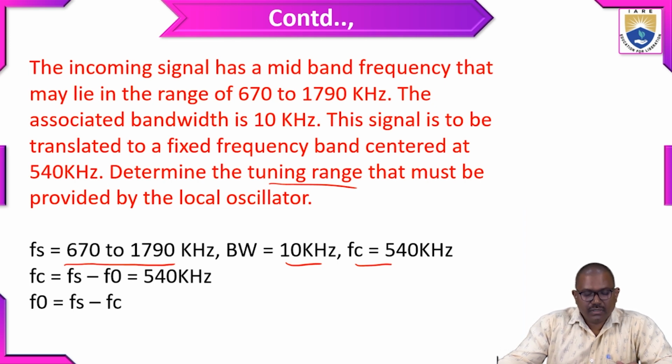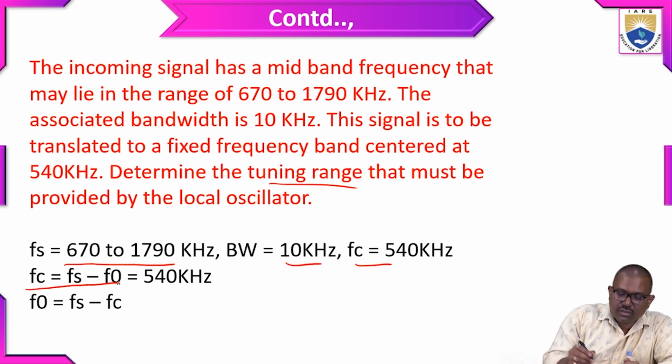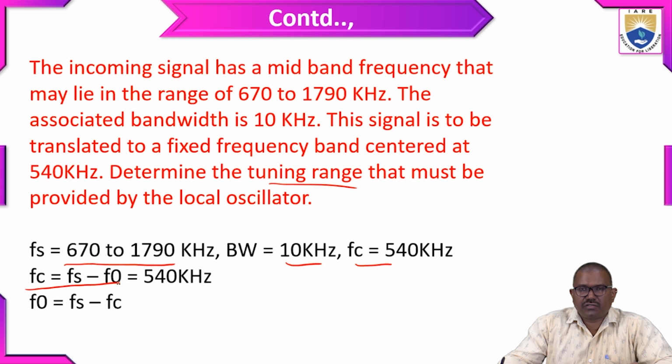We know the formula Fc equal to Fs minus F naught. Here F naught is the local oscillator tuning frequency. Given Fc, the carrier frequency, equal to 540 kilohertz, and the formula Fc equal to Fs minus F naught, I require F naught, so it is Fs minus Fc.